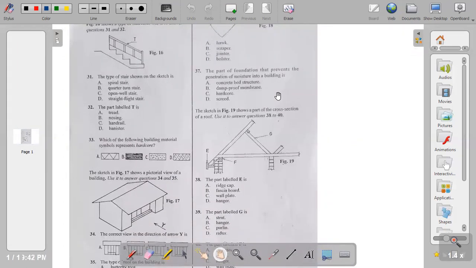The part of the foundation that prevents the penetration of moisture into the building is the damp-proof membrane, the DPM. So 37 is B.